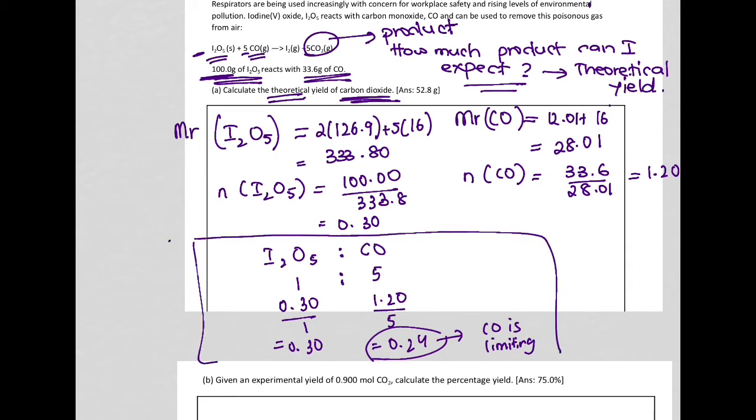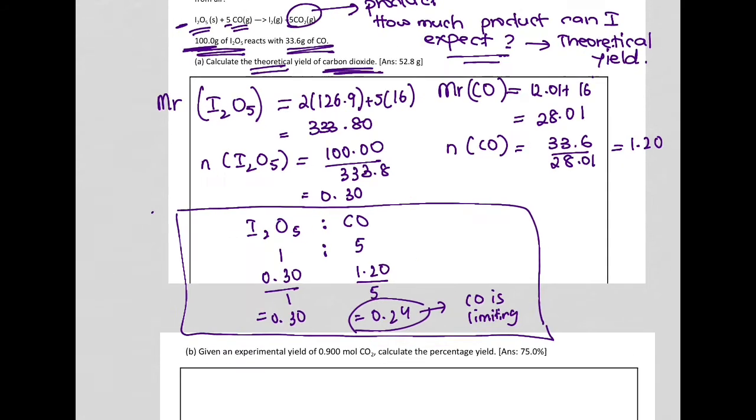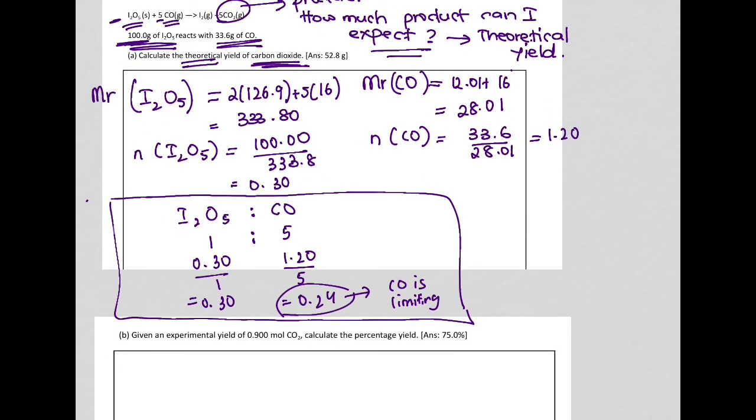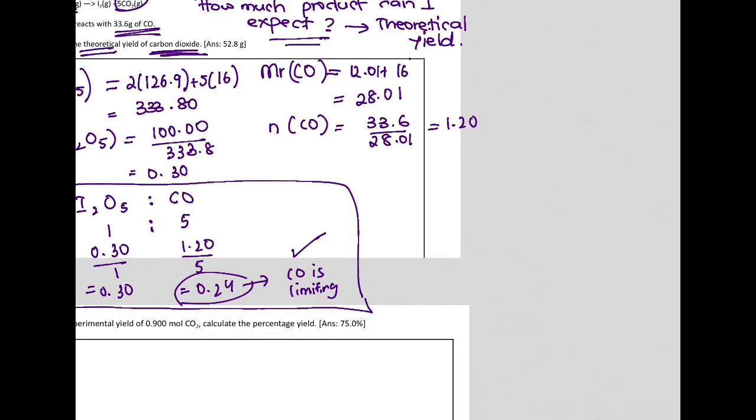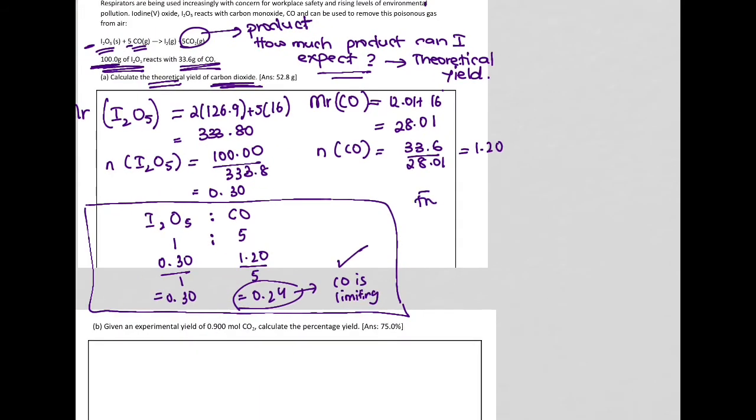So this calculation, the values that I get from it, are not going to be used anywhere else. It's just used for me to get the limiting reagent. I found that CO is limiting. From this, I can now get the number of moles and then the mass of carbon dioxide. From the equation, I know that 5 moles of carbon monoxide gives me 5 moles of carbon dioxide.